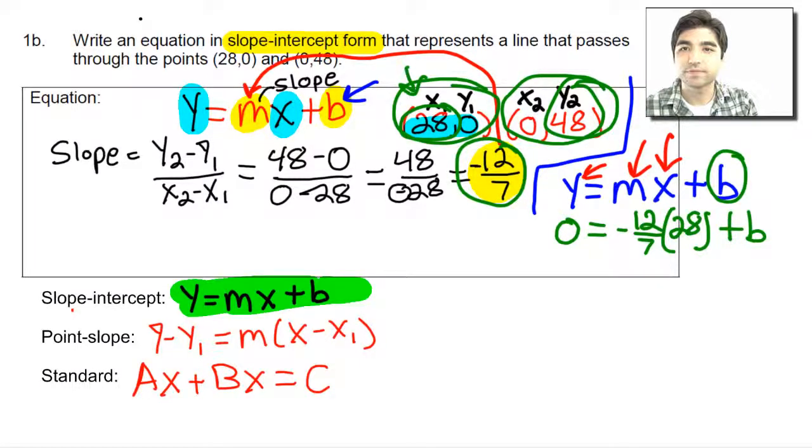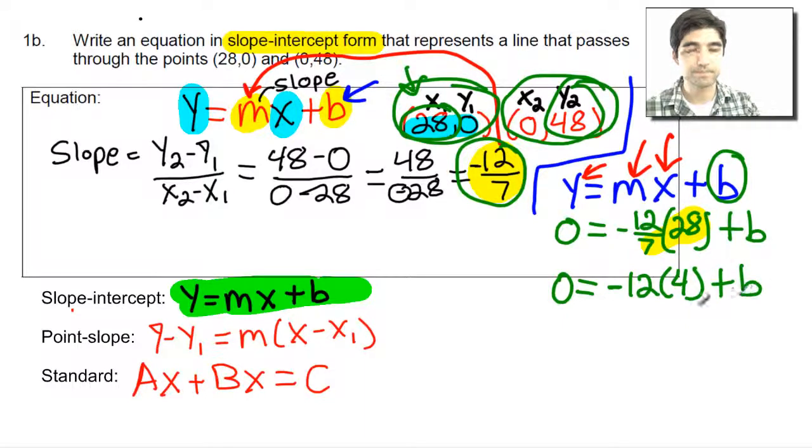What you do first is, the most convenient thing is that this 28 can be divided by the 7. So you take 28 divided by 7, that is 7, 14, 21, 28, that's 4. Then you take negative 12 times 4, and we still got our equals 0 over here, plus b.